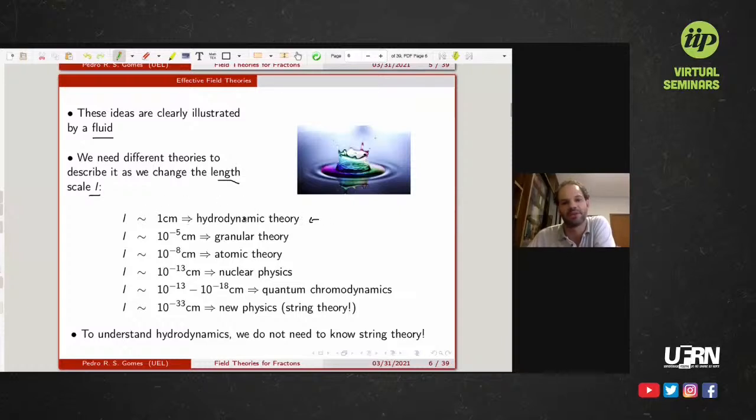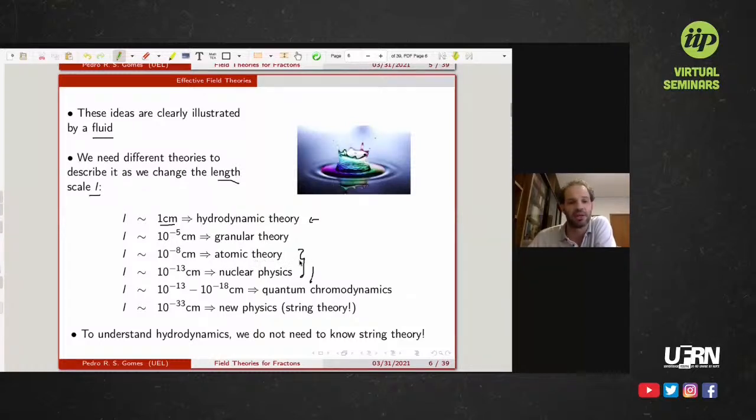For example, if you start here, in the macroscopic scales of this order, we can use a hydrodynamic theory, which means that we can treat the fluid as a continuous medium, a continuous portion of matter. And as we go to shorter and shorter scales, some new degrees of freedom start to become relevant. For example, starting from here, new degrees of freedom, like quantum mechanical degrees of freedom, start to contribute to the underlying physics.